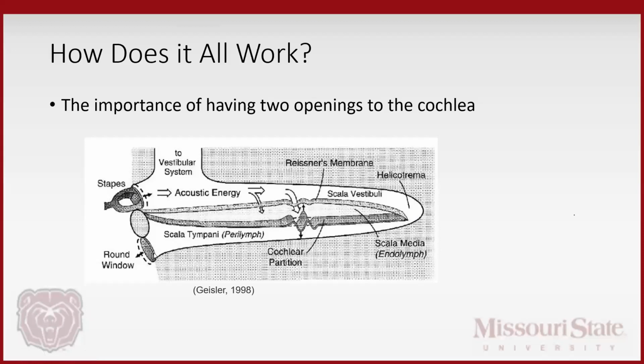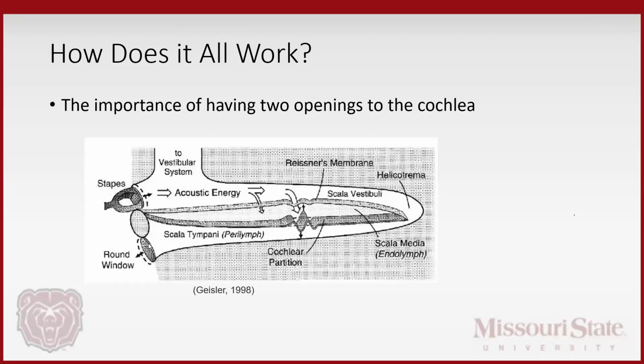That's basically a big factor why, for example, the sound is going to go all the way down here, because we have a little bit of a path that's going to allow the fluid to move.